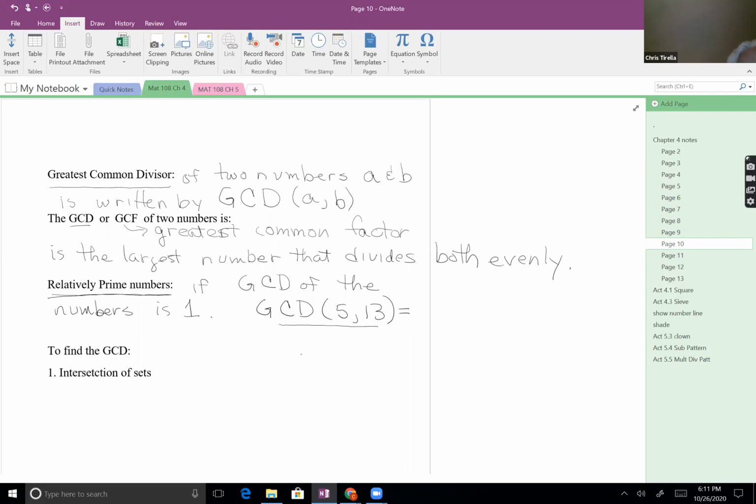Well, if I make a factor tree, the only divisors of 5 are 1 and 5. The only divisors of 13 are 1 and 13. So the largest number that divides them both is 1. So we say that 5 and 13 are relatively prime.